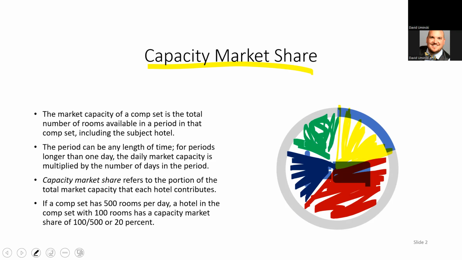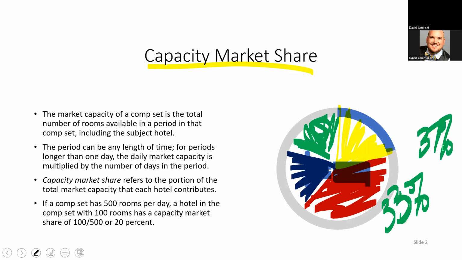And so if everyone got their fair share, then we are looking at a percentage of the overall market. Let's say, for example, this looks like it's about 33%, the red one. Now if I look at the actual data and it turns out that I got 37%, that means I got more than my fair share, which means one of my competitors did not get their fair share.